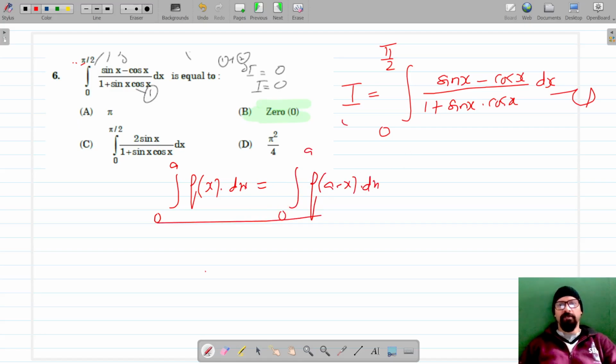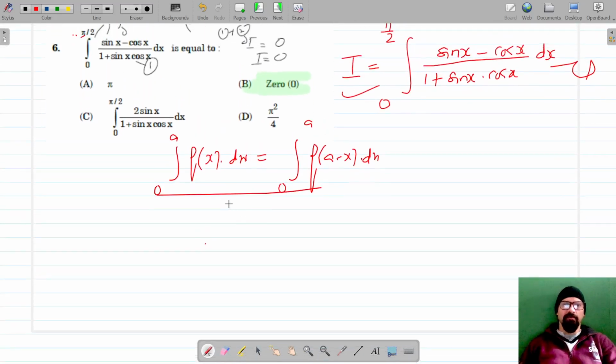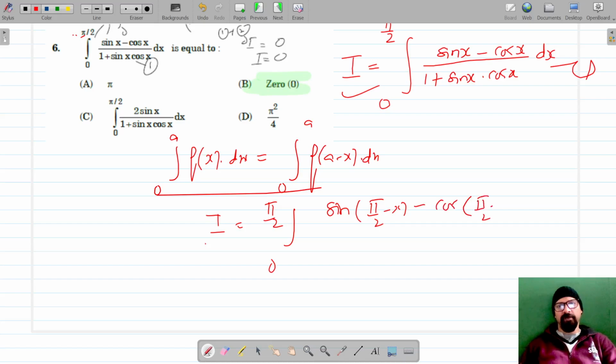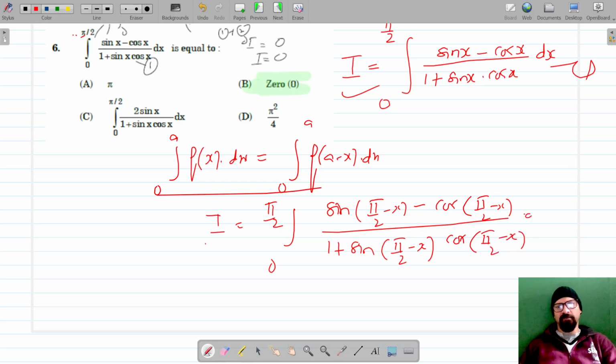So let's use this property, which gives me I equal to the integral from 0 to pi by 2 of sine of pi by 2 minus x minus cos of pi by 2 minus x, upon 1 plus sine of pi by 2 minus x into cos of pi by 2 minus x, dx.